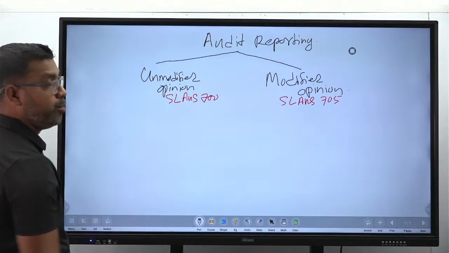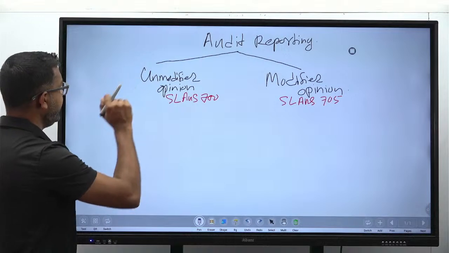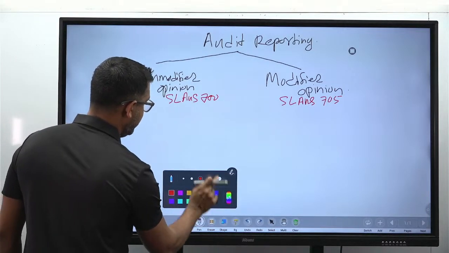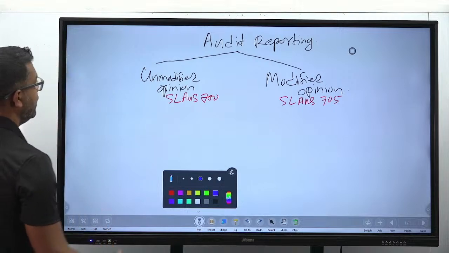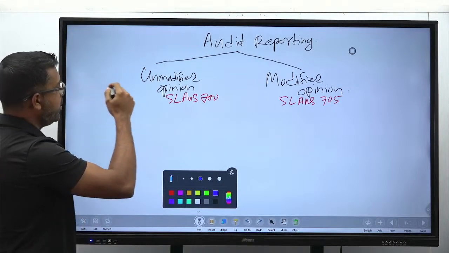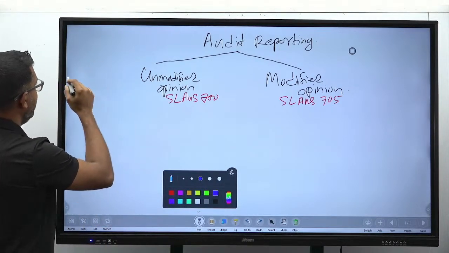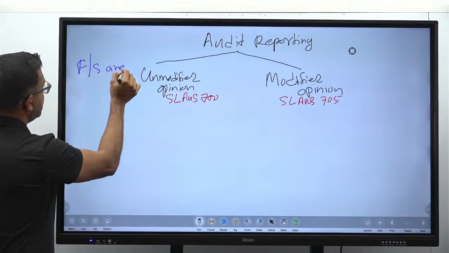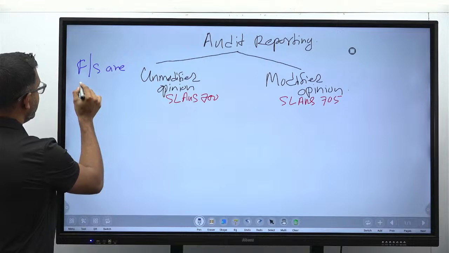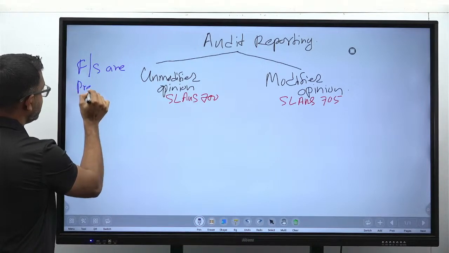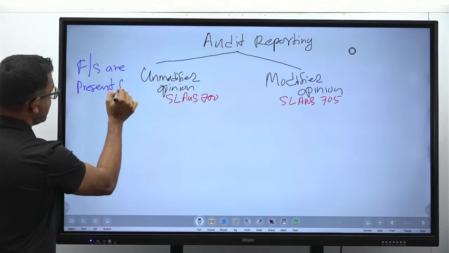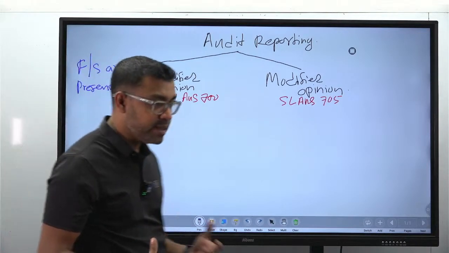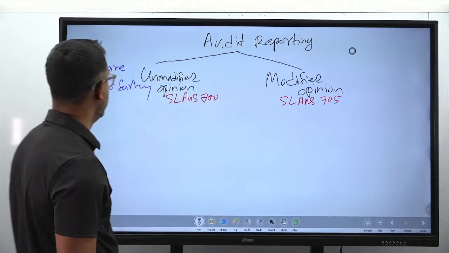Let's take unmodified opinion. Unmodified opinion means, how do you deliver this opinion? How do you deliver unmodified opinion? You will say financial statements are presented fairly, which is unmodified.